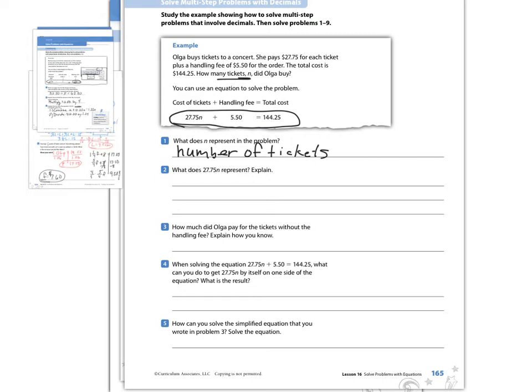The $27.75 times N represents the total cost of the tickets without the handling fee.